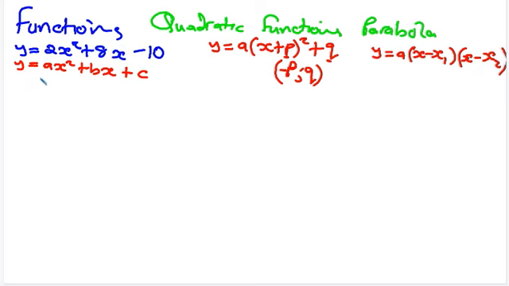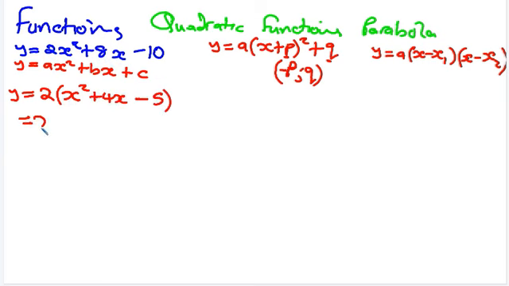Let's do that. We want to complete the square on this one. Y is equal to, we need to first ensure that the coefficient of x squared is a 1. So whatever you have here, you factor it out. So we have x squared, there is a 1 now, and then factoring out a 2, we have plus 4x, and here we have minus 5.